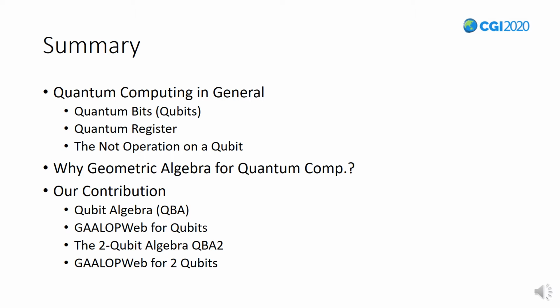First of all, the specific qubit algebra, and then our solution for handling these kinds of calculations online via Gallup Web. And as an extension, I will present the two-qubit algebra as a more generalized algebra for quantum registers, and present also Gallup Web for an example on two qubits.